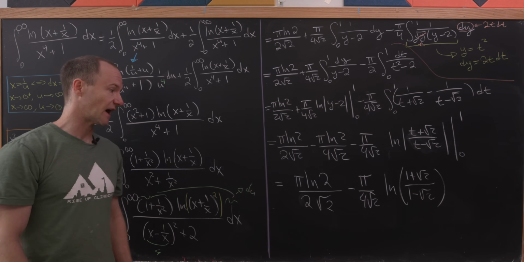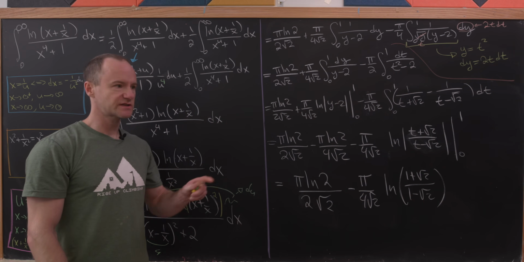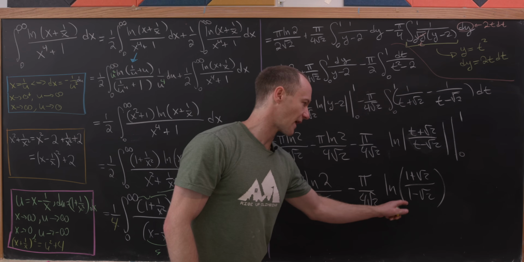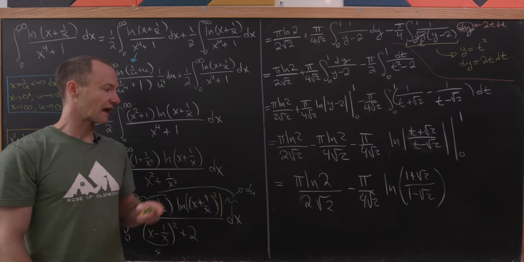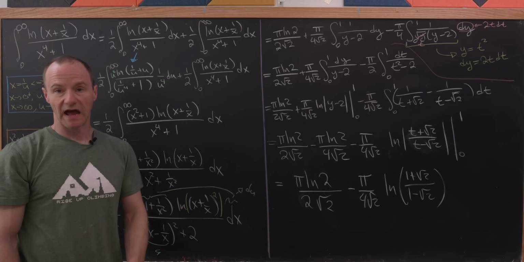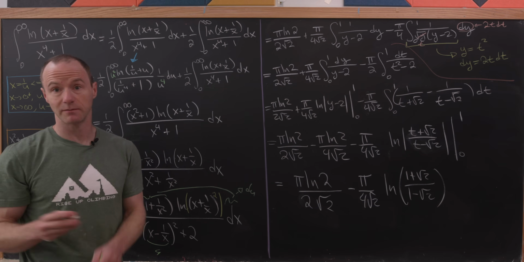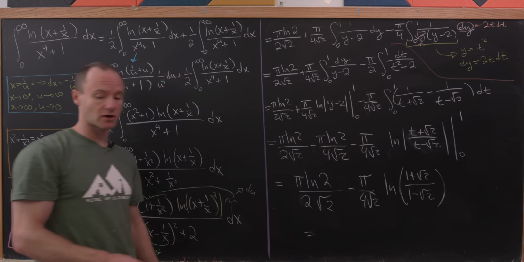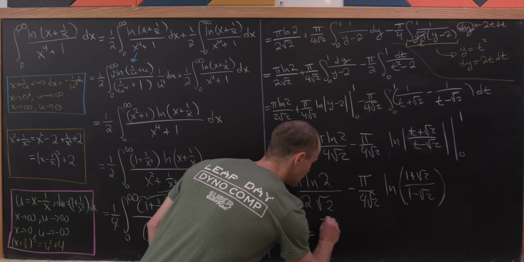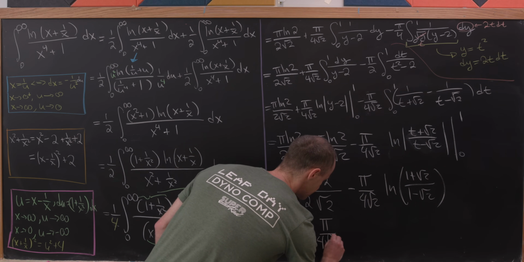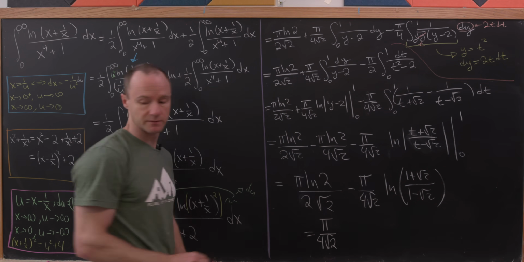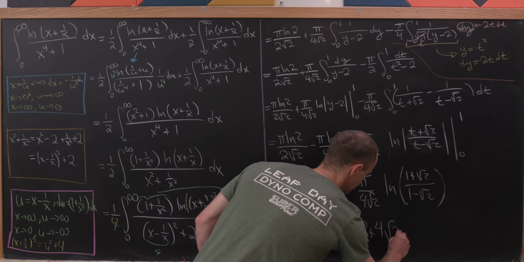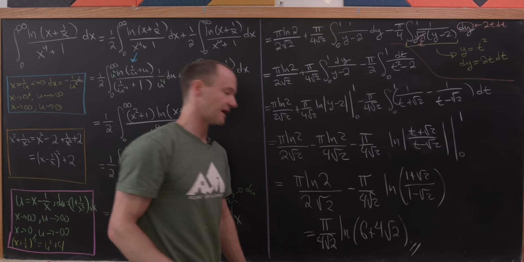That would be the final solution, but there's some stuff you can do with logarithm rules and maybe multiplying by the radical conjugate in there that'll simplify it a little bit. I'll just go ahead and jump to the final number. And what you'll see is that this all simplifies down to pi over 4 times the square root of 2 times the natural log of 6 plus 4 times the square root of 2. And that's a good place to stop.